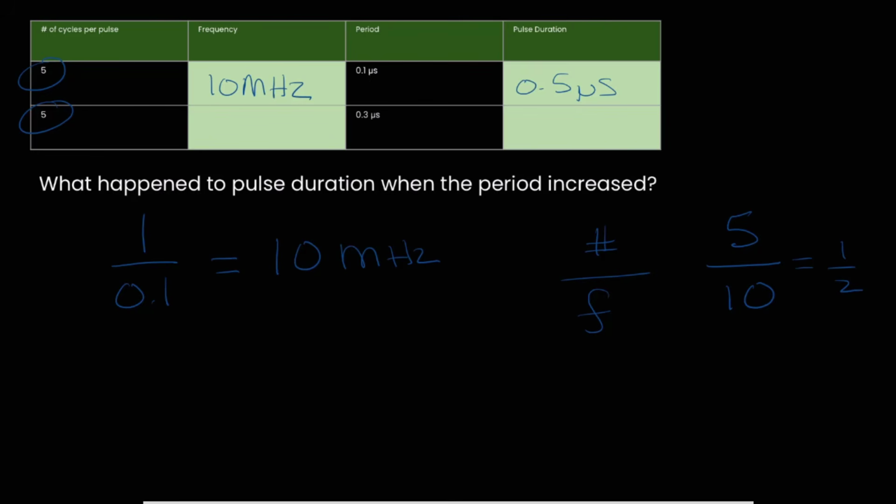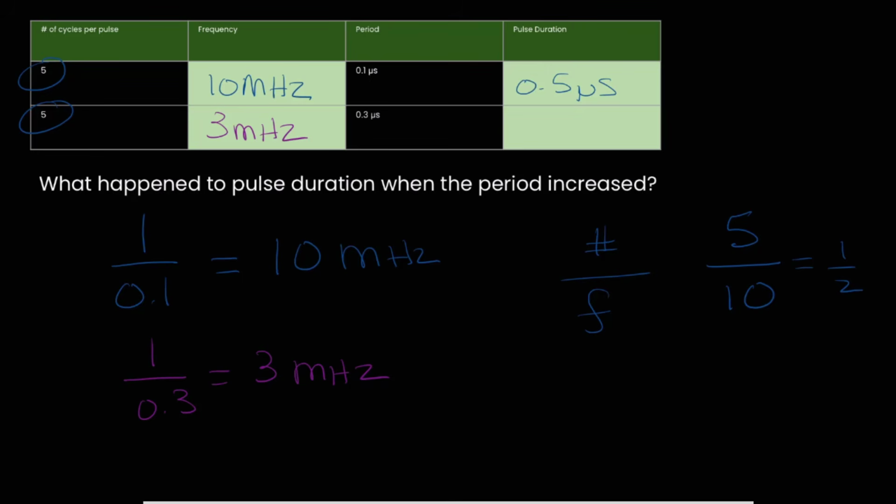Again, we're told that we have 5 cycles in this pulse. We're told that the period then is 0.3 microseconds. Again, we just need to take the reciprocal of 0.3 to calculate the frequency. 1 divided by 0.3 is about 3 megahertz. We're going to round. So we can put 3 megahertz into our column.